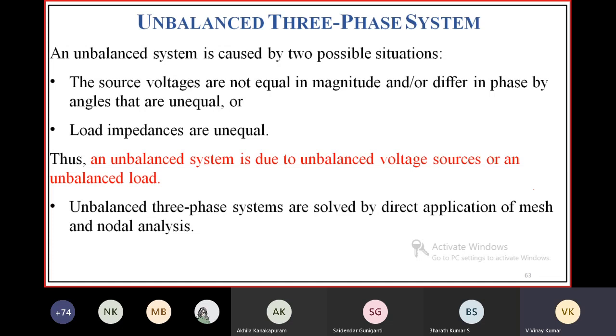If all phase voltages are unequal in magnitude and phase angle, or equal in magnitude but unequal in phase angle, that is an unbalanced source. Coming to load, only if all impedances are equal in magnitude and phase angle is the load balanced. Otherwise, it is an unbalanced load.